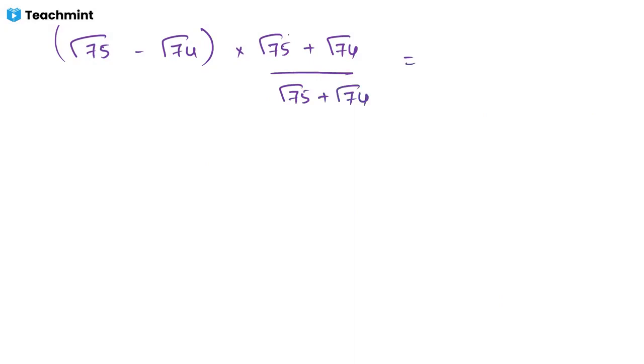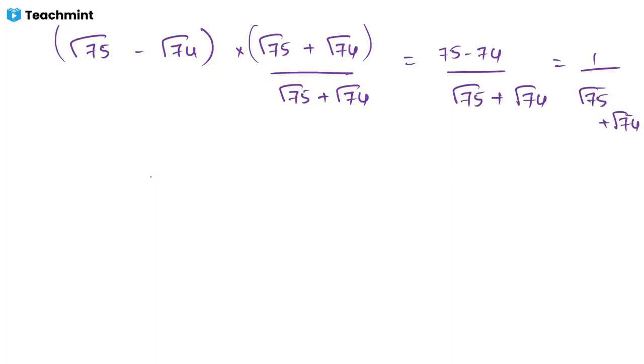Numerator is a minus b into a plus b, a square minus b square. 75 minus 74 will give 1. Now this is 1 upon root 75 plus root 74.